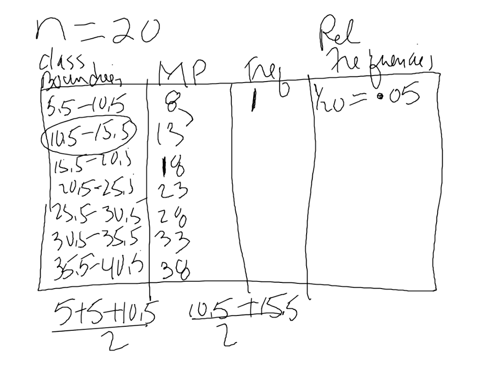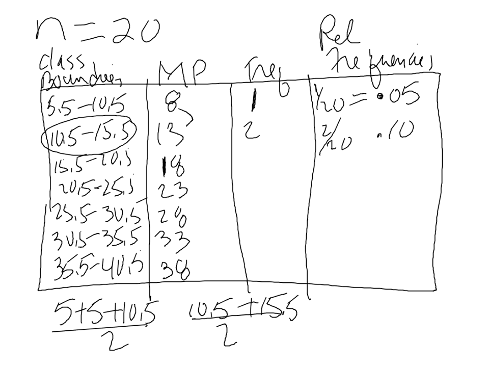Now, what about the next one, the group class boundaries of 10.5 to 15.5? There were 2, and then 2 out of 20 would be 1/10, which would be 0.10. You can see where these numbers are coming from. If you look on the top of the next page, you'll see where they got these relative frequencies.